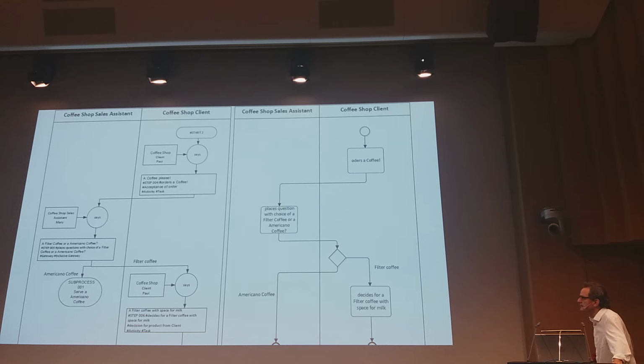On the left side you have the decision for the Americano coffee. You see only an endpoint, but from the endpoint you can also call the sub-process serve Americano coffee.